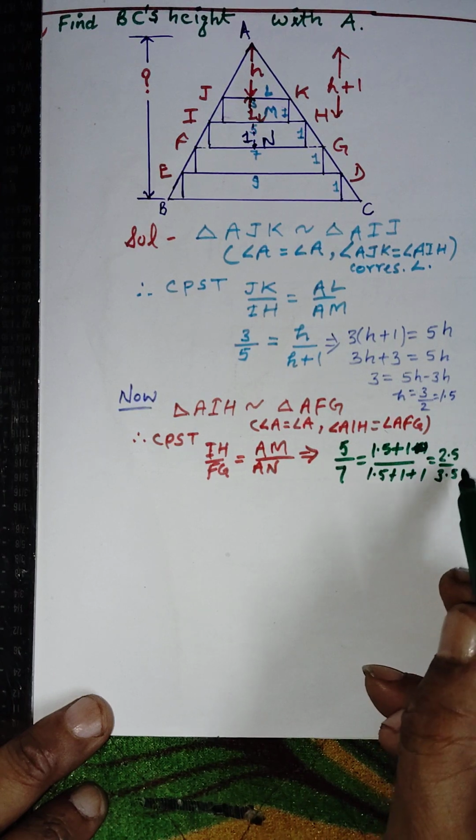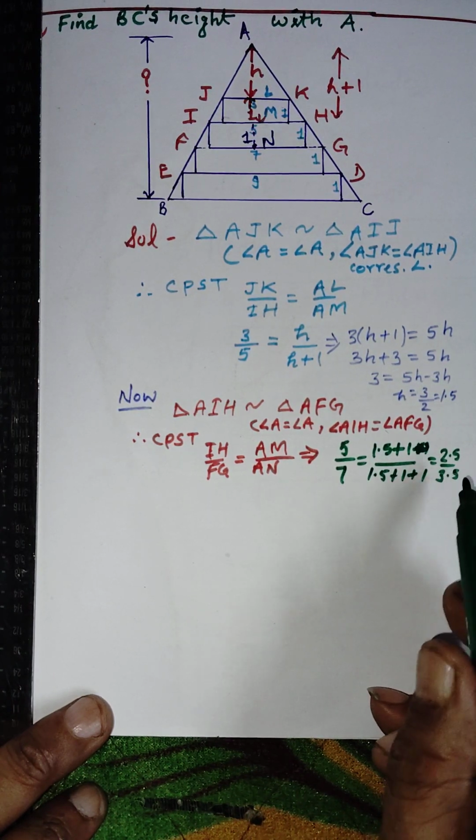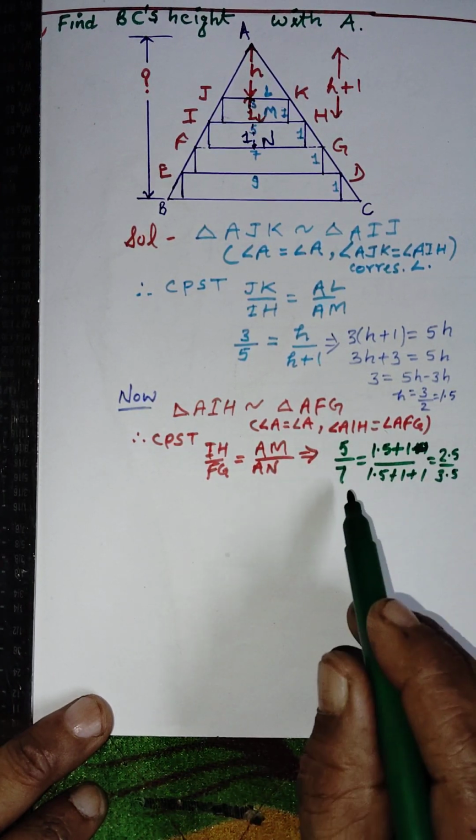Cancelling the decimals and then cancelling by 5, it gives us 5 over 7.